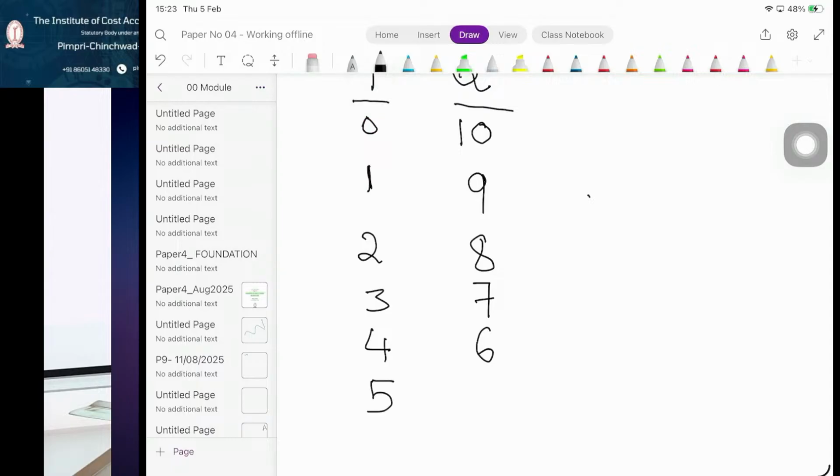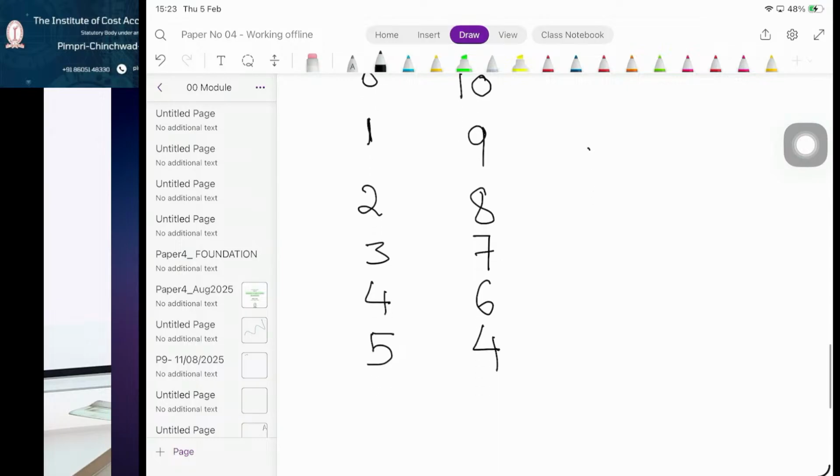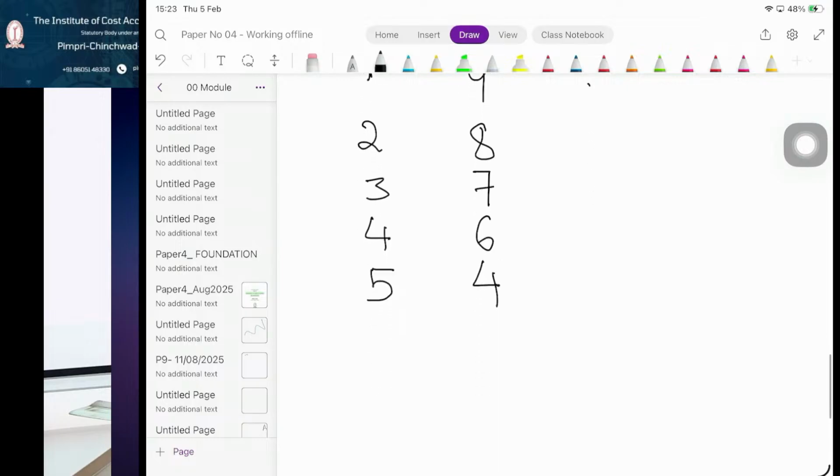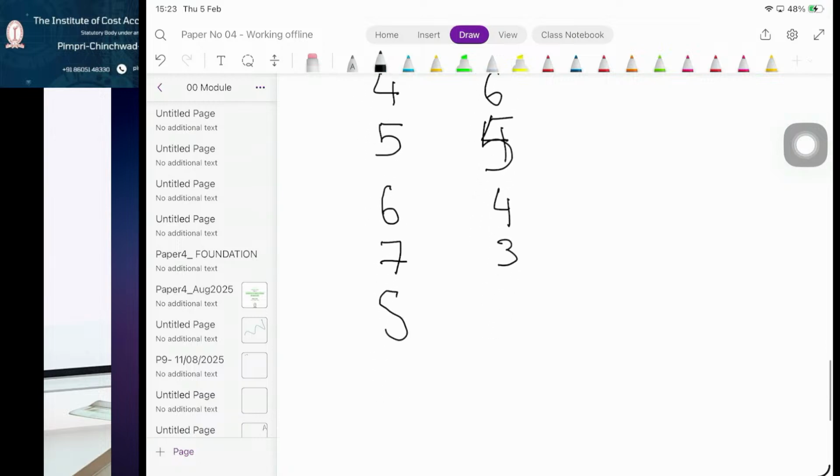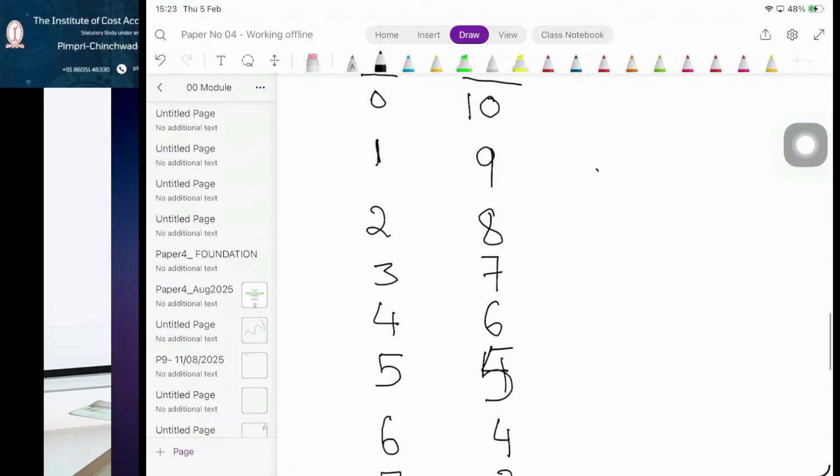At 5, it will be 5. At 6, it will be 4. At 7, it will be 3. At 8 it will be 2. At 9, it will be 1. At 10 it will be 0. Did you all get this?